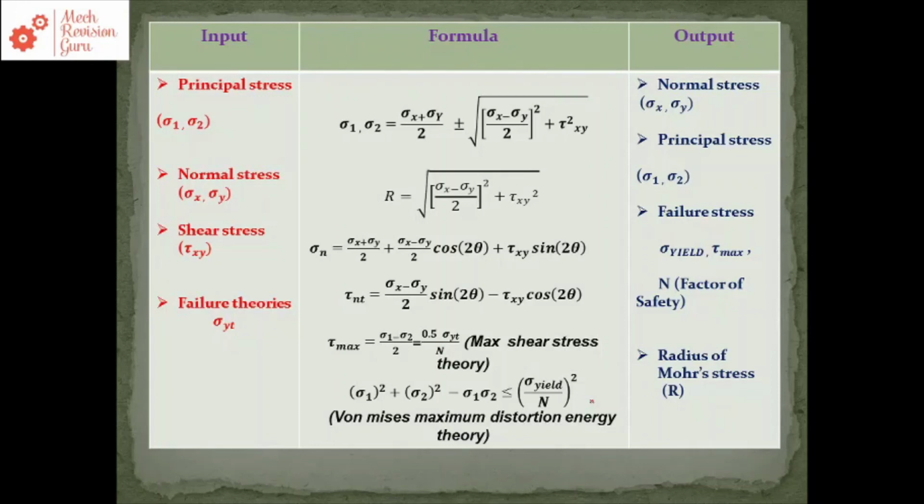They give the failure theories to determine the factors of safety. So these are the important formulas. We need to keep these formulas in mind before going to the GATE exams. By using these formulas, 90% of the complex stress problems will be solved easily and quickly.